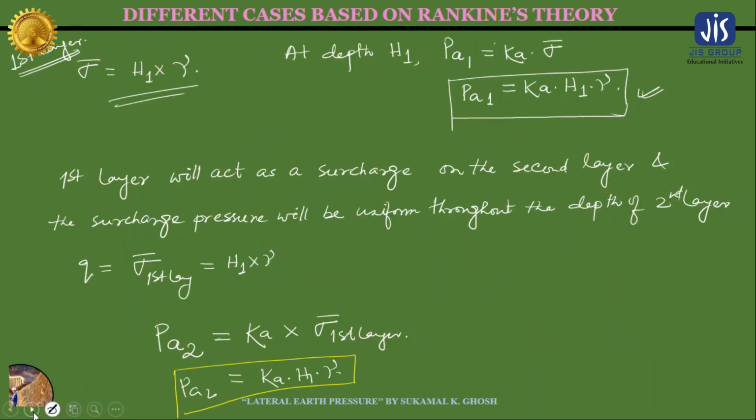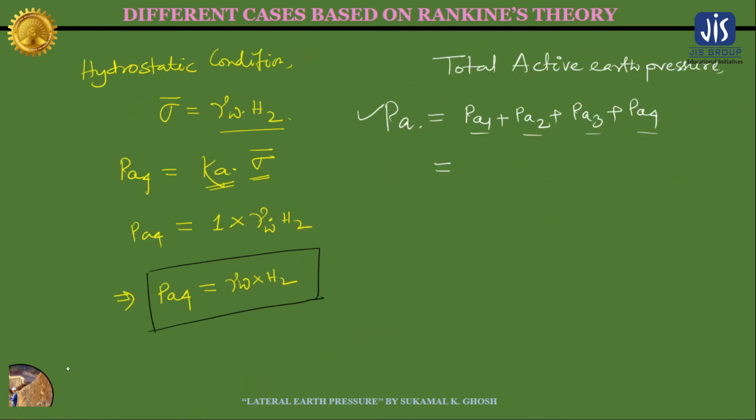Okay. So let me put all the values here. The PA1 is Ka into gamma into H1. The PA2 also Ka into gamma into H1. The PA3 is Ka into gamma submerged into H2, and the PA4 is gamma W into H2.